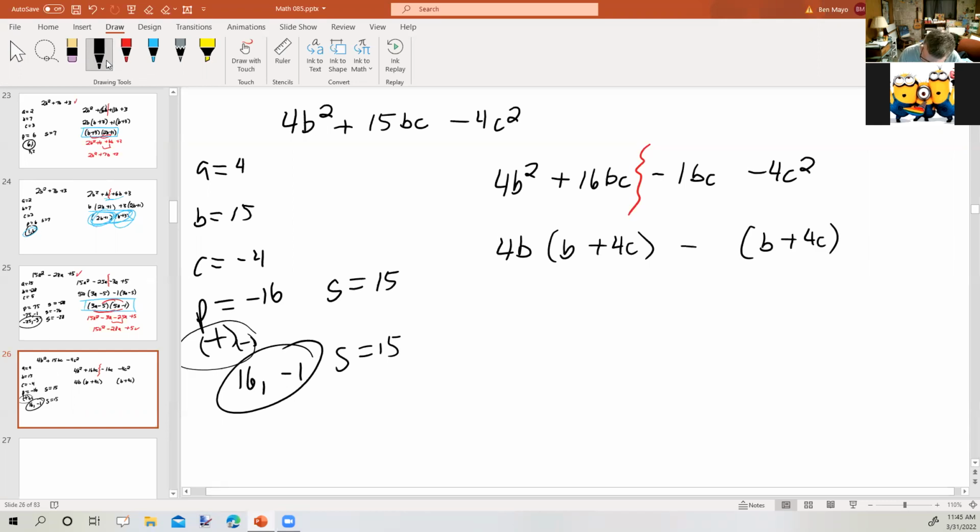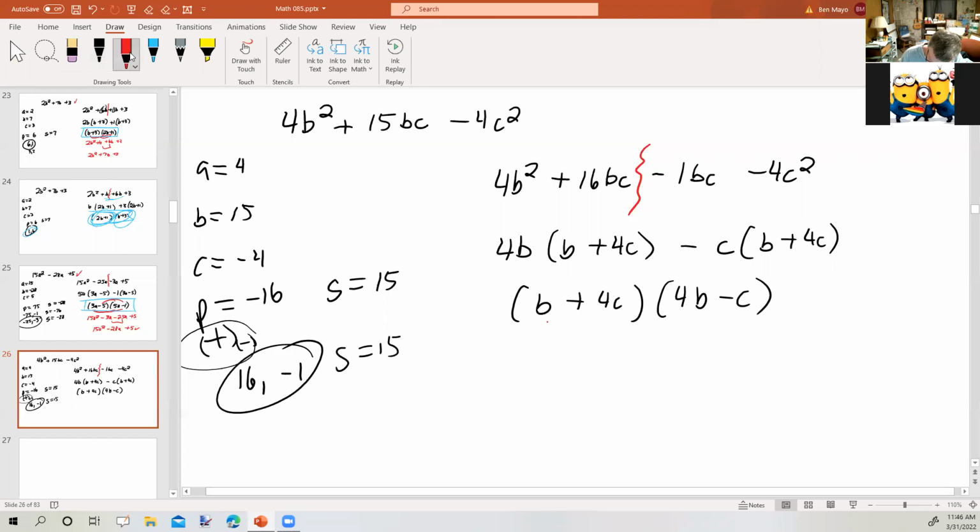And I have a minus 1c. So I could just write minus c on the outside, and that would accomplish what I need. So now I've got b plus 4c times 4b minus c.